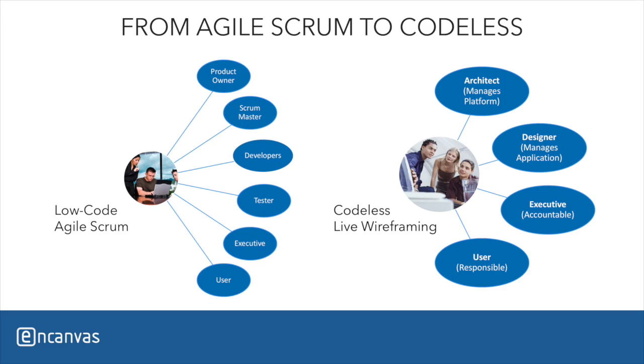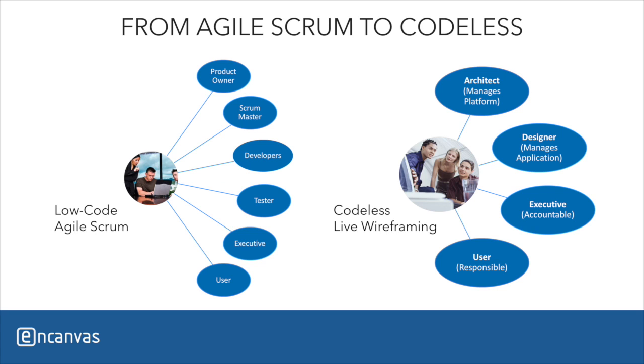In a traditional low-code Agile Scrum project, you could expect to see a project leader, a Scrum Master, a series of developers, a number of quality assurance and testing roles, release manager, the executives making the decisions around the project, and also the users and stakeholders involved in the project, probably at the start, sometimes during the project, and then definitely at the end.